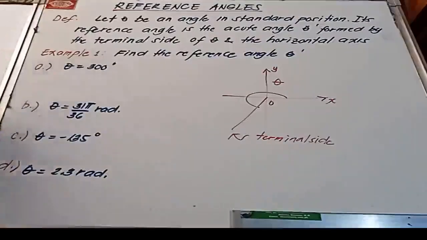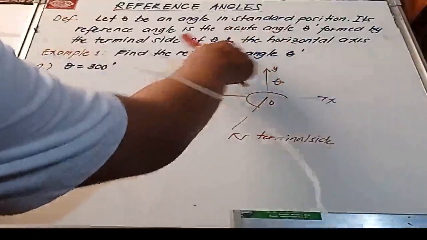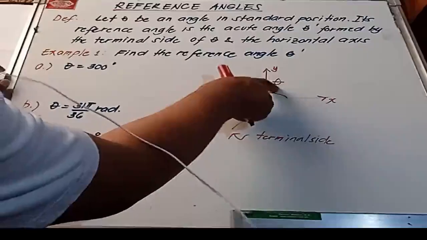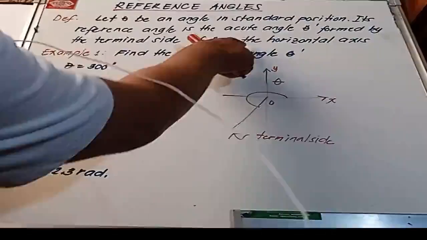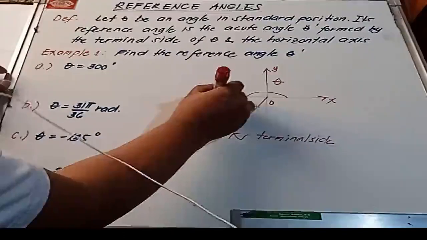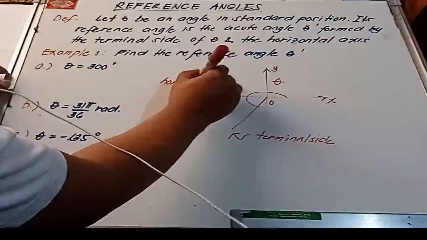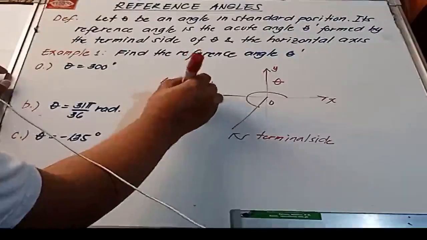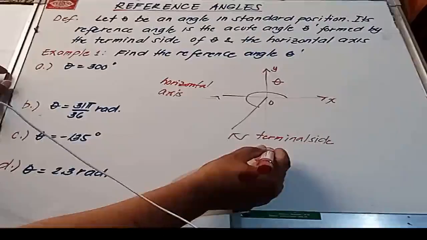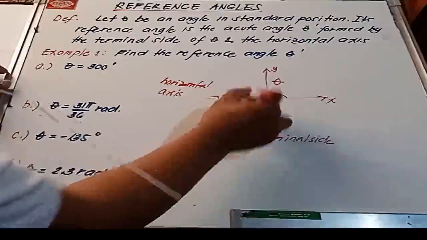Yun daw ating reference angle ay mapo-form by measuring the gap between the terminal side of this angle in standard position and the horizontal axis. So ito yung horizontal axis. Ito yung terminal side. So sa makatuwid, ito yung ating tinatawag na reference angle.